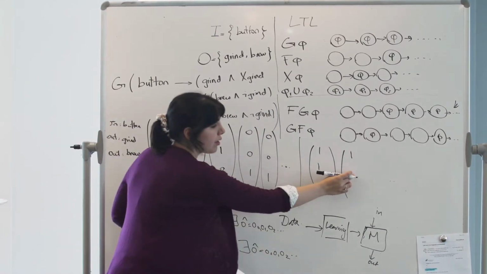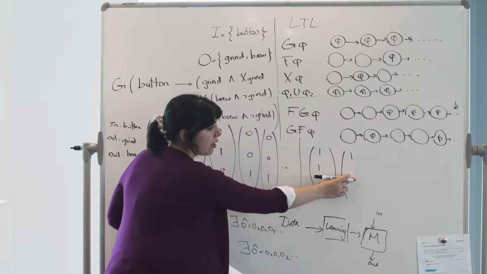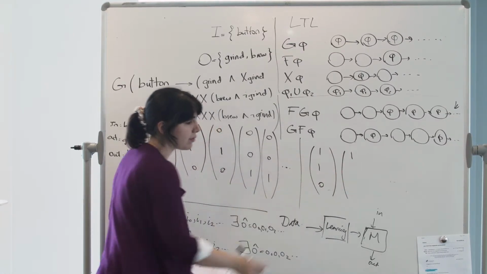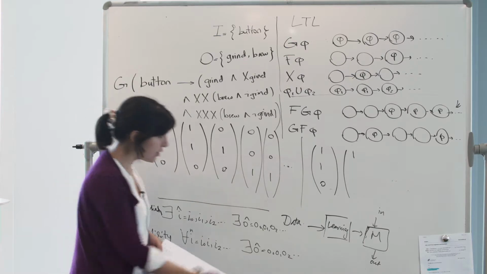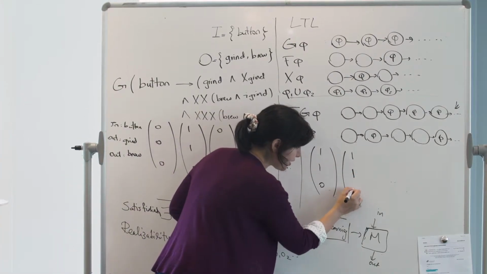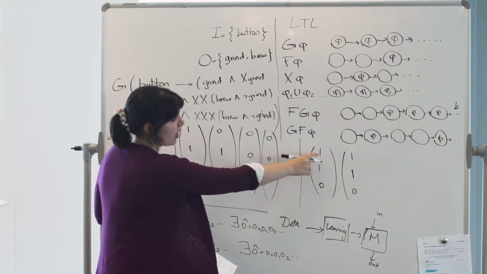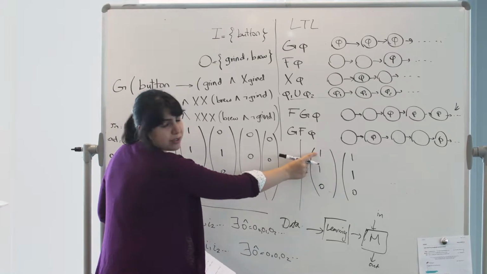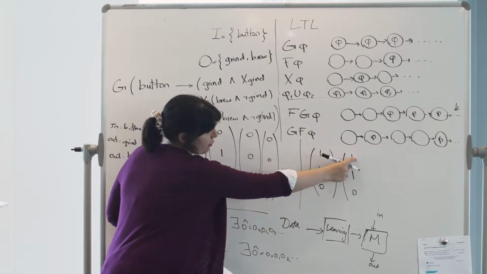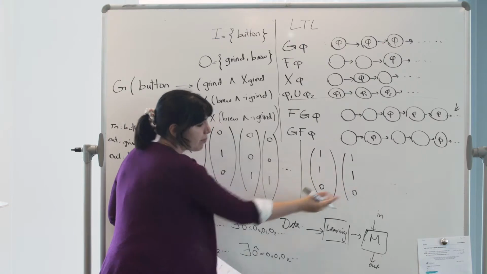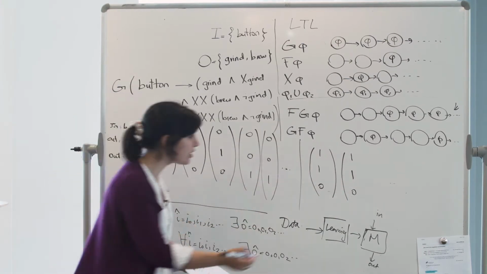What do I get here? Oh, it's still 1, 0. No conflict yet, right? It's still 1, 0 because I have to be grinding for the past press, and I'm also grinding for this one, so it has to be 1 for grinding. I'm not brewing anything because I'm not there yet.